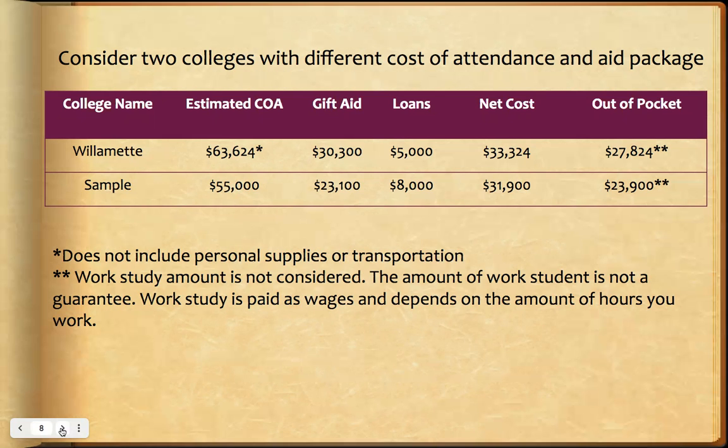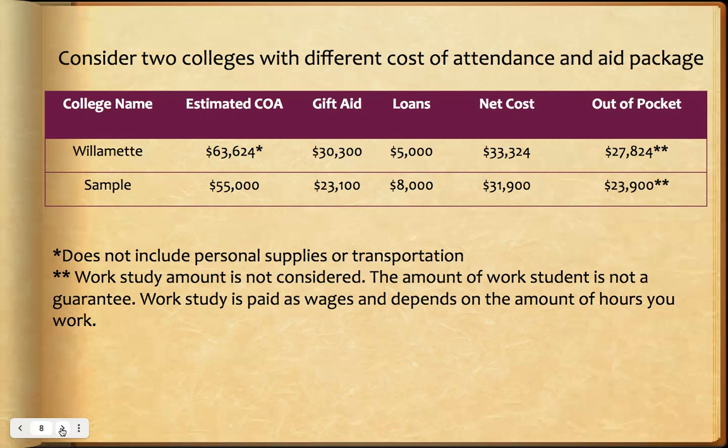So if a student was looking at this, they'd say, oh, 23,009 versus 27,824. Sample is a little bit cheaper. Oh, but wait, I have to take $8,000 worth of loans. What if I don't take them? What if I don't take 5,000? Then Willamette becomes cheaper. So you really have to do the math.